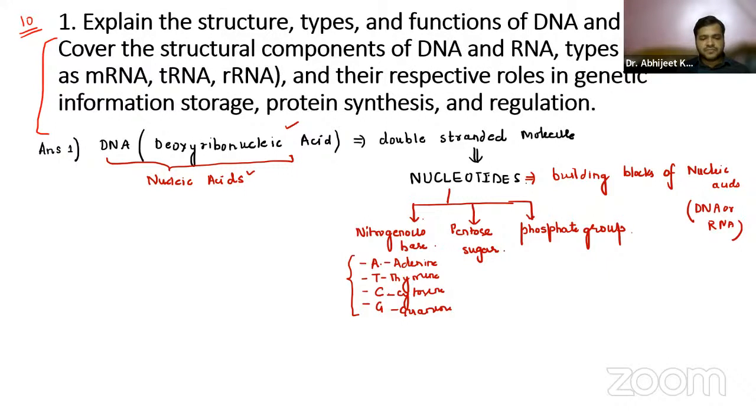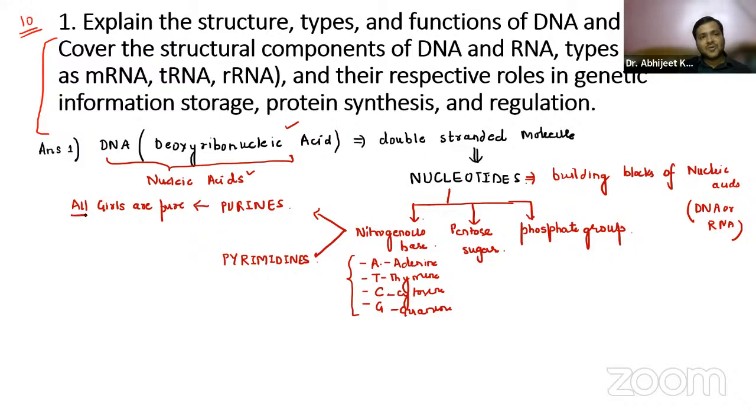Now we have the pentose sugar. Remember that nitrogenous bases are either purines or pyrimidines. Every time in my lectures I say how to learn this: all girls are pure.